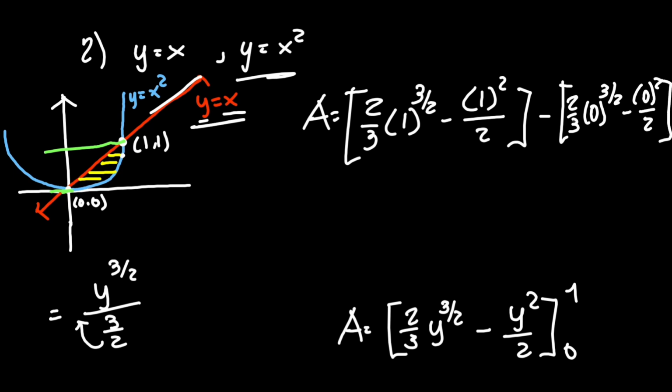You can see here, the answer right here would be equal to 0. So just cancel that. Simplify this. 1 raised to the power of 3 halves would be simply 1. And so this is simply 2/3 minus 1 squared, which would be 1 over 2.